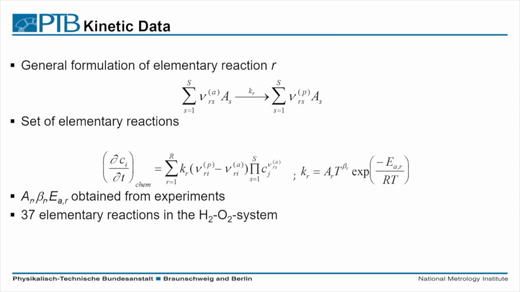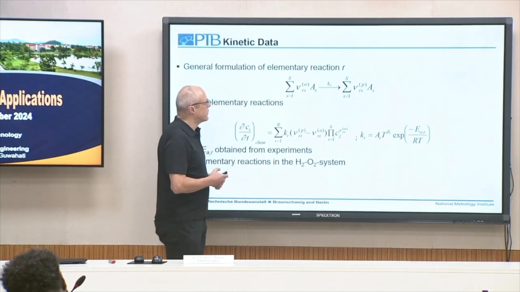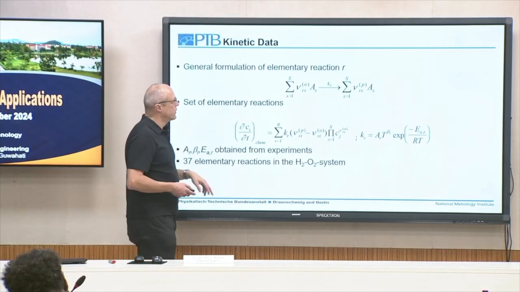So there is, of course, in general a formulation of an elementary reaction R. So we have the educts here, the products here. Here we have the stoichiometric coefficient of each species, and here is the concentration of a species.